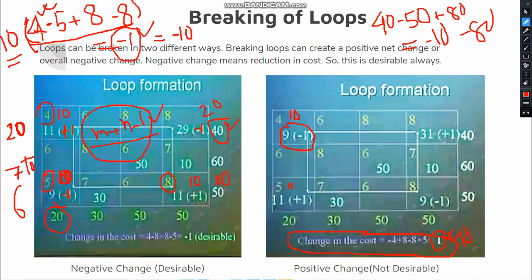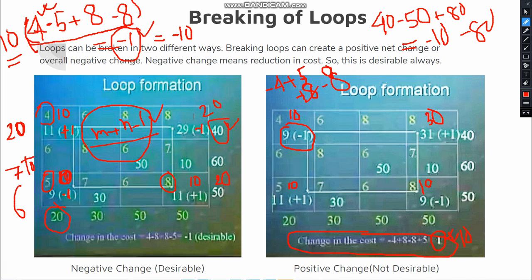This was 10 earlier, now it has become 11. Because of this change, you are reducing by a single quantity. That means for the transportation of a single quantity, you are saving rupees 4, but you are adding up rupees 5 here, and rupees 8 here, and here you are saving 8.